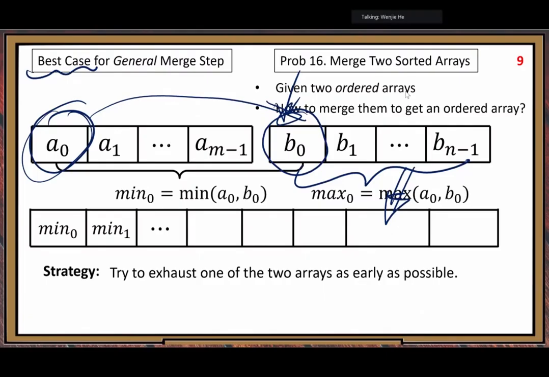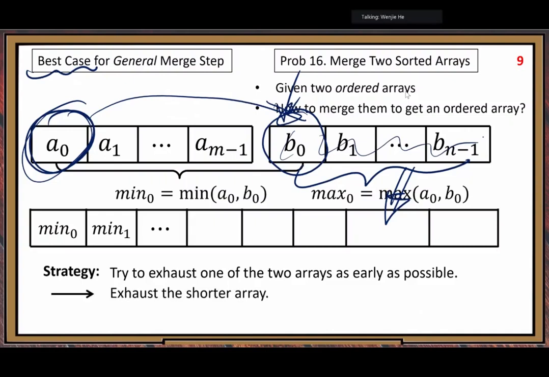For the best case, you want the smallest element in the longer subarray to beat all the elements in the shorter subarray. That's the minimum number of comparisons.